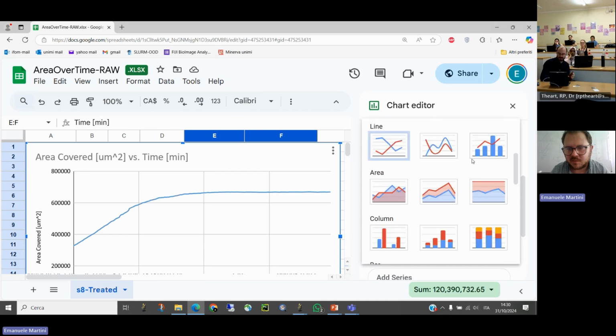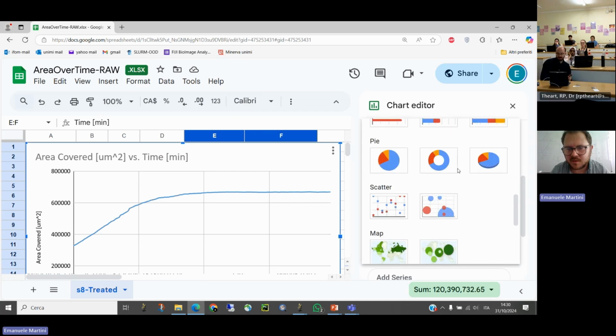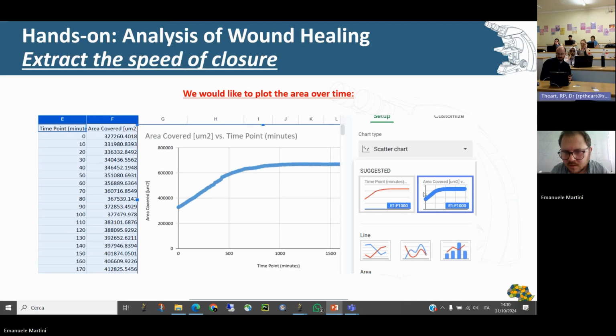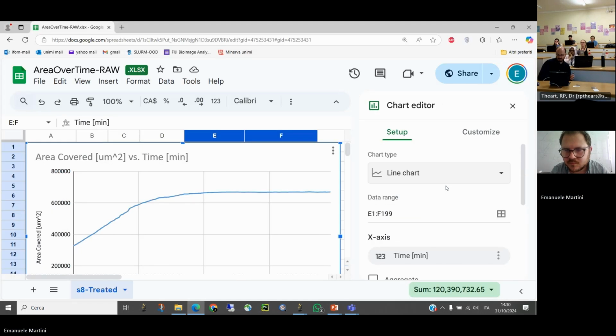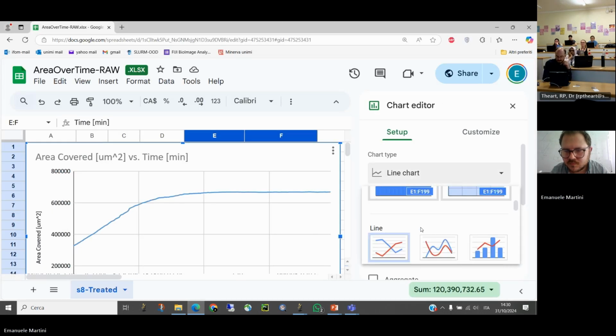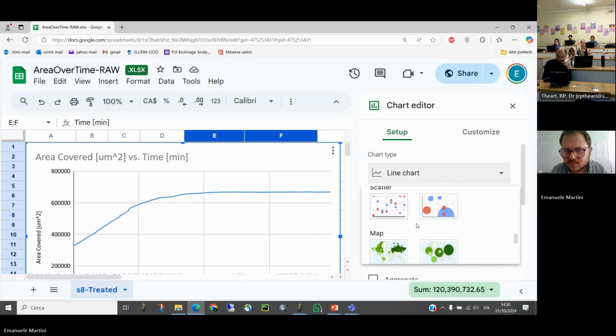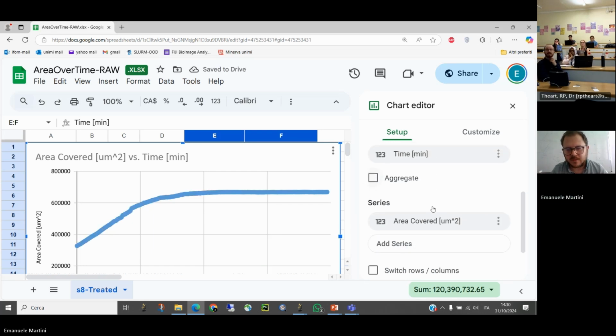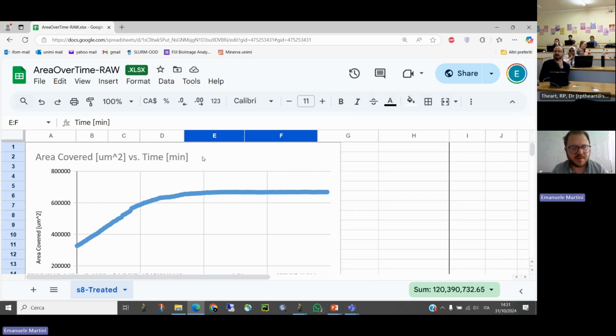It's really similar, but I think the scatter plot is better. You should find a scatter chart somewhere. Maybe like this. Okay, something like this. You should obtain something like that.